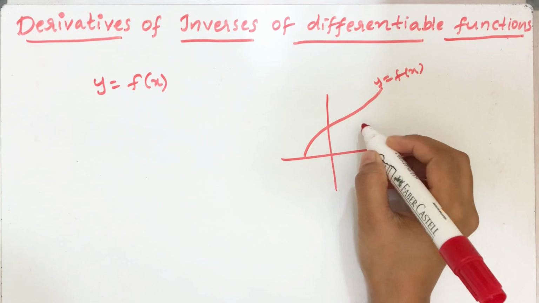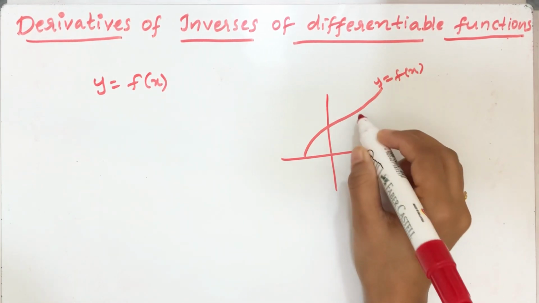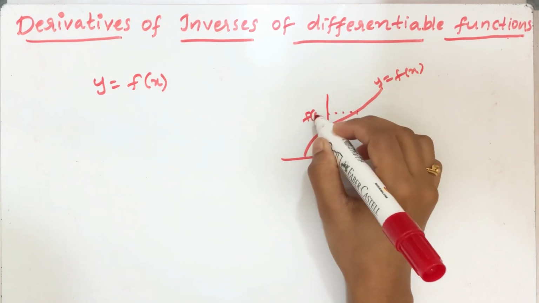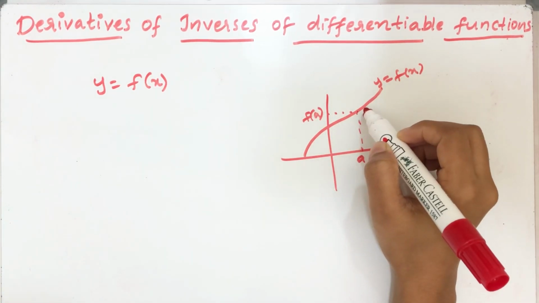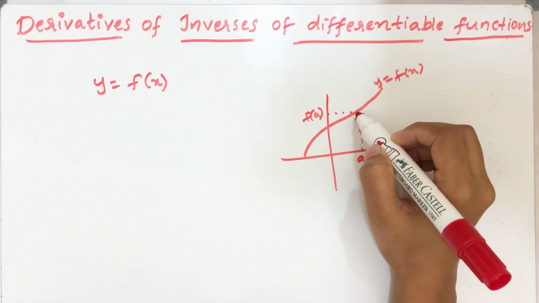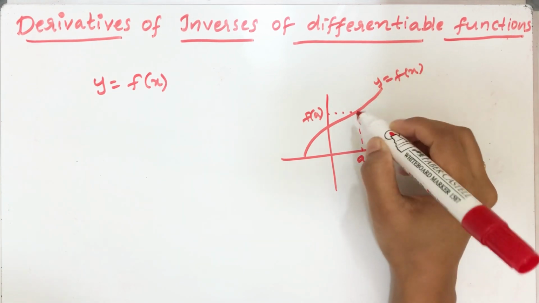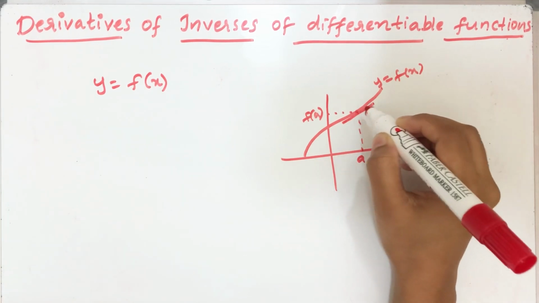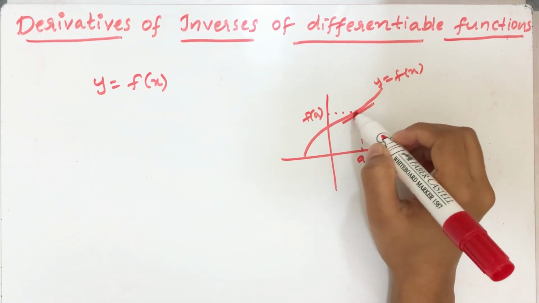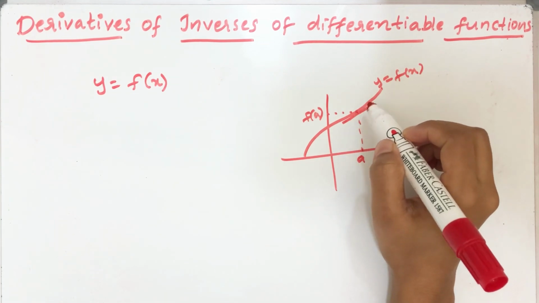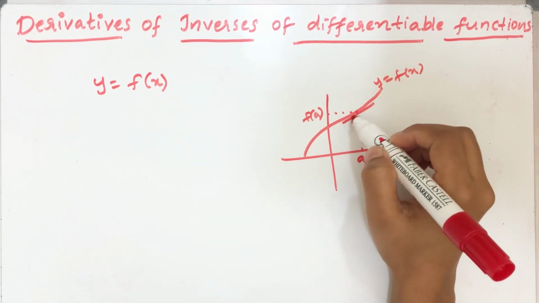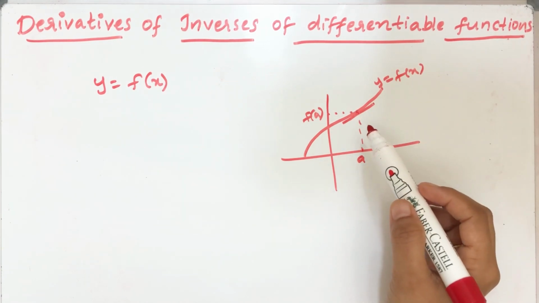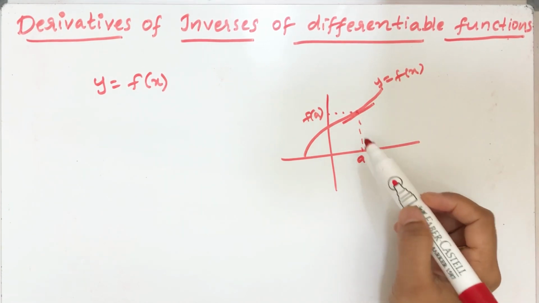Here if we take the point a, f of a, then the tangent to the curve at a given point is the straight line that just touches the curve at that point. Here at this point we can say this is the tangent. Slope of this curve at this point is nothing but the slope of this tangent at this point. This is nothing but dy by dx at this point a, f of a.